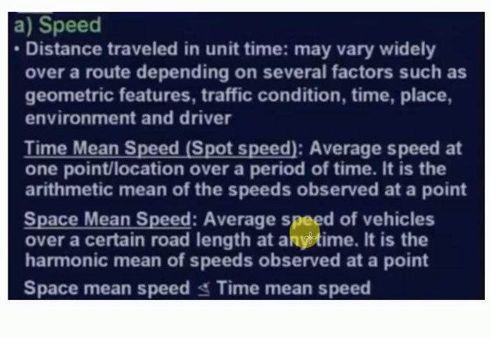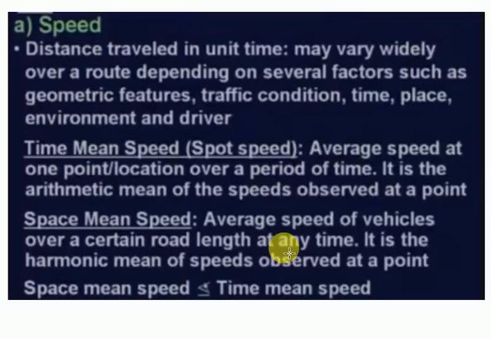Space mean speed is the average speed of all the vehicles occupying a given section of highway over some time period. The basic difference between them is that time mean speed is for a particular point or location, whereas space mean speed has to be calculated over a certain stretch, a section of a highway.